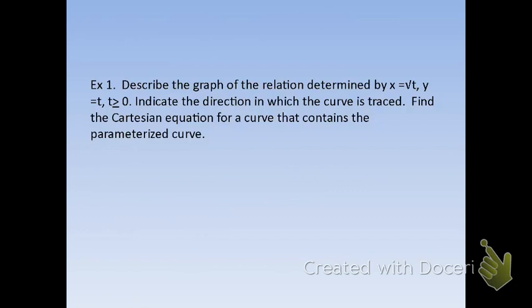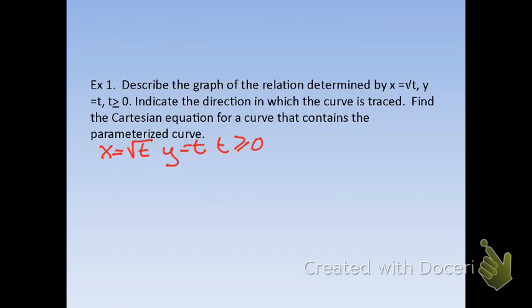Okay, so we're going to begin by, I always just like to rewrite my equations so I have them easy for me to see. x equals square root of t, y equals t, where t is greater than or equal to 0. I'm going to start by looking at my graph. So I'm going to switch the mode on my calculator if you guys haven't already done so, and then I'm going to put these in.